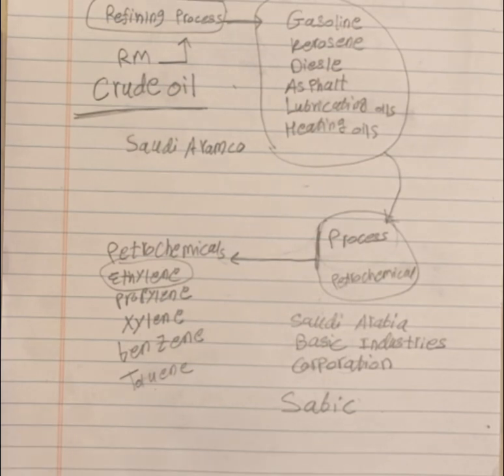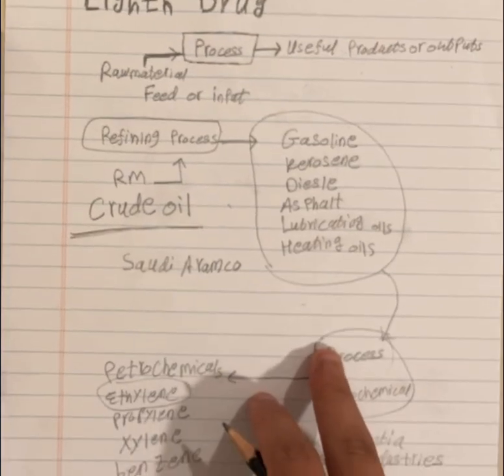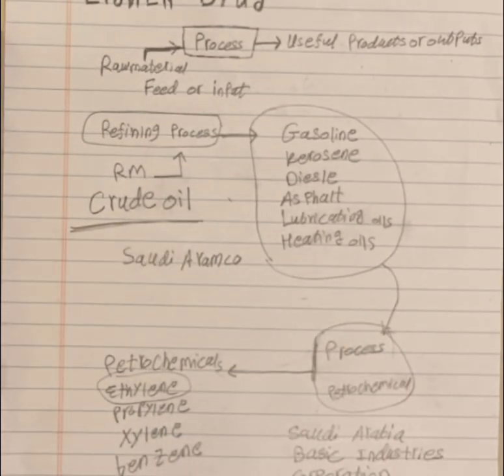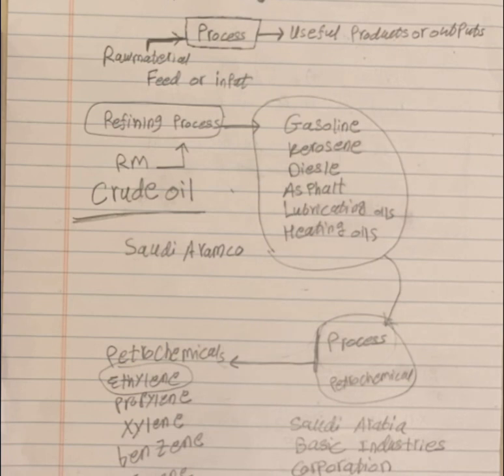So whatever is produced from Saudi Aramco, for example, it is further processed in SABIC, for example, and then the result is these very important petrochemicals that some of them, by the way, are used as raw materials, as we said here, raw materials. The one that we have maybe from other facilities or already available in nature. For example, ethylene is used in the production of ethyl benzene. Use it with benzene, then you will produce ethyl benzene. And propylene could be involved in hydrogenation process, which results in formation of propane, which is only single bond.